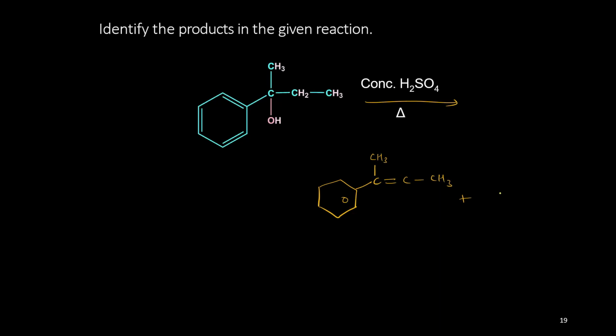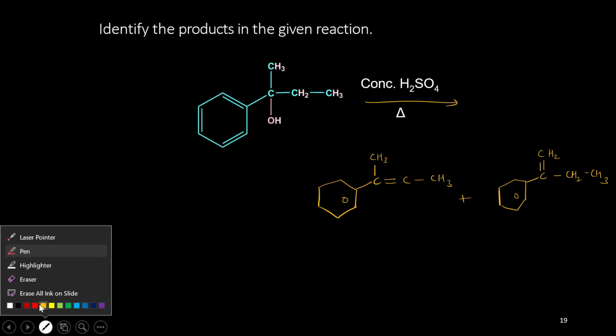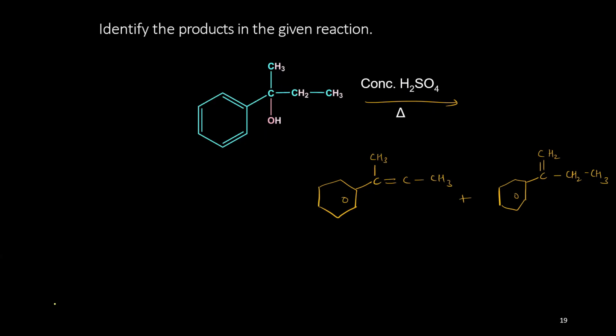Just remember it, okay? So tell me which one will be the major and which one will be the minor from the previous question. First one is major, second one is minor. Yeah, this will be the major and this will be the minor. Okay.